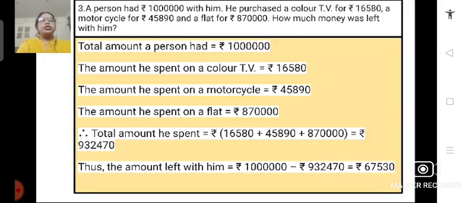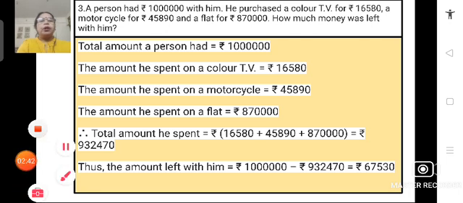Moving on to the next question, question number 3. A person had rupees 10 lakhs with him. He purchased a color TV for 16,580 rupees, a motorcycle for rupees 45,890 and a flat for rupees 8,70,000. How much money was left with him?